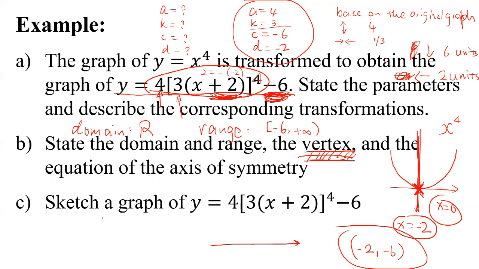And we have already known that for the new graph, the x coordinate of the vertex is -2, right? So the equation of the axis of symmetry must be x equals -2, right? Can you follow me?